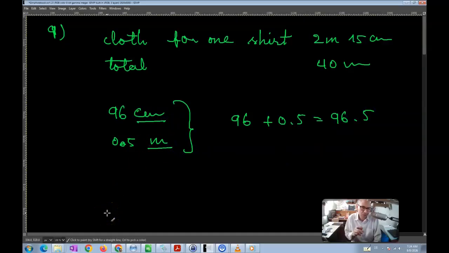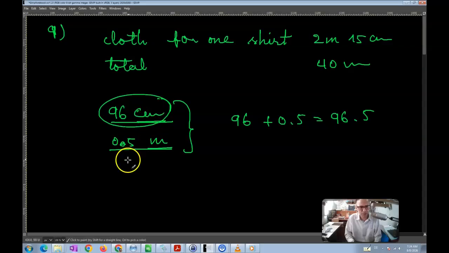Although these are both lengths, you cannot add them together because one of them is in centimeters and the other is in meters. This is 96 centimeters, and 0.5 meters is actually 50 centimeters.